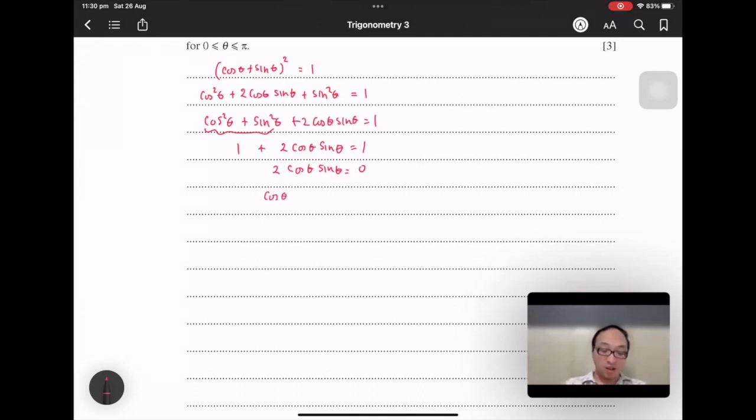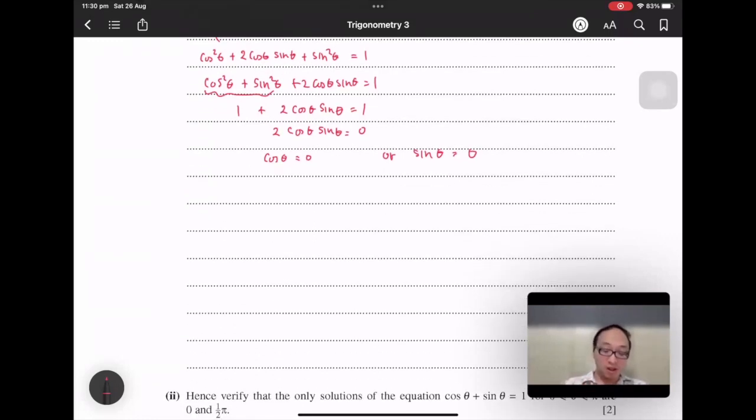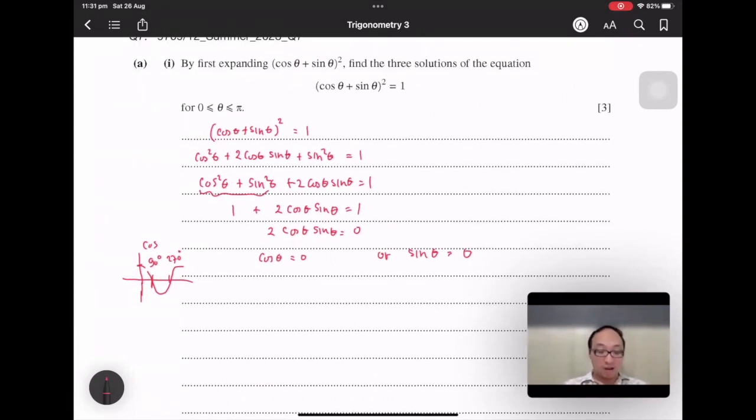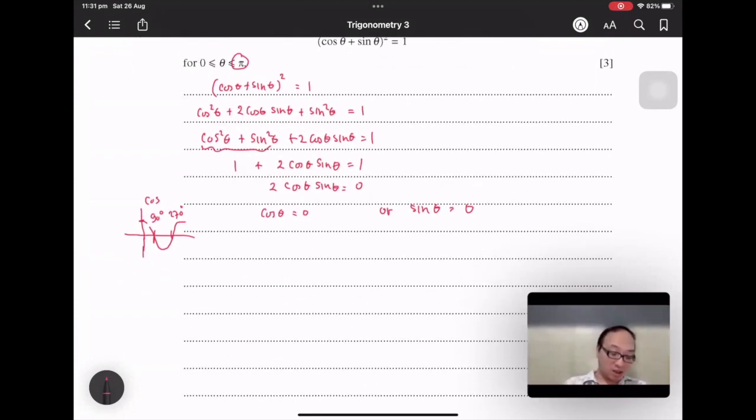So cos theta equals 0 or sin theta equals 0. So we know that the cos graph starts from 1, it is 0 at 90 degrees and 270 degrees. In radians, this is pi over 2 and 3 pi over 2. So that means cos theta equals 0 when theta is pi over 2 or 3 pi over 2.